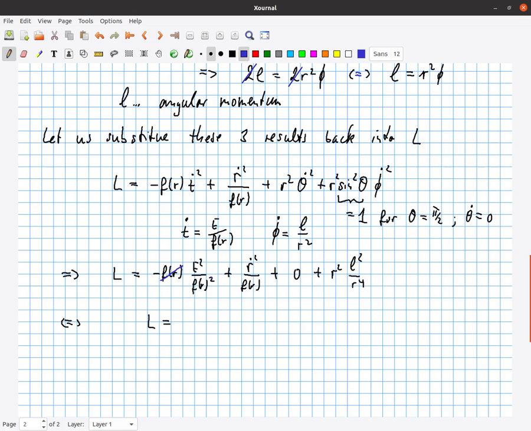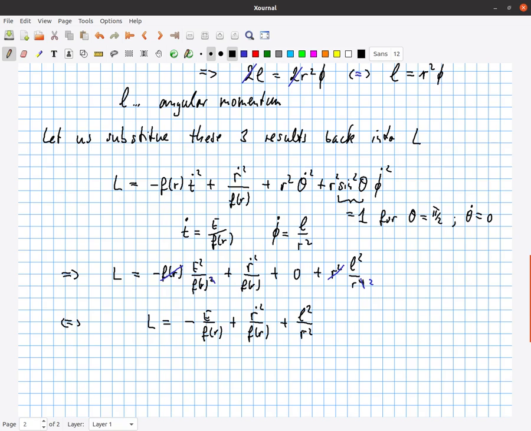This f cancels with that f, and here you are left with an r squared, which means we have L equals minus e over f of r plus r dot over f of r plus L squared over R squared.